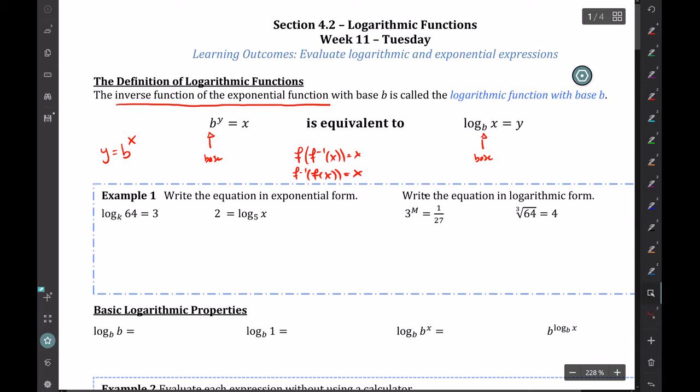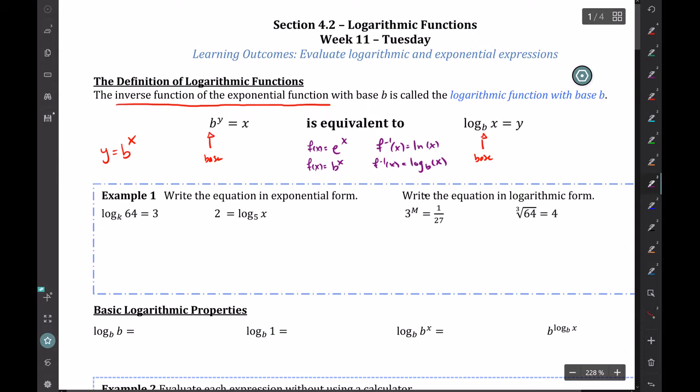So if I start with f of x is e to the x, then what's f inverse? F inverse is ln of x, the natural log of x. If I start with f of x is b to the x, then f inverse is by definition log base b of x.